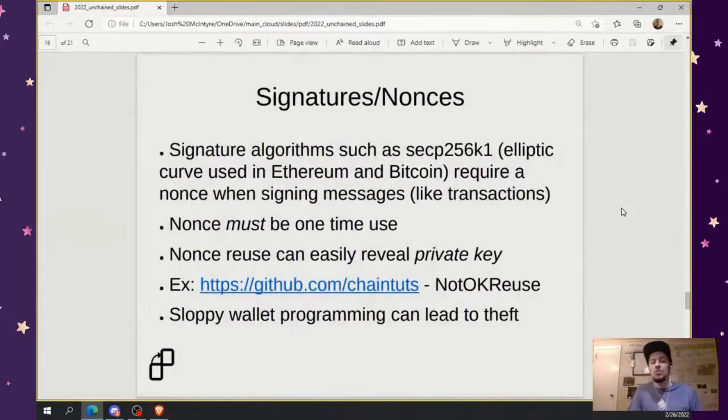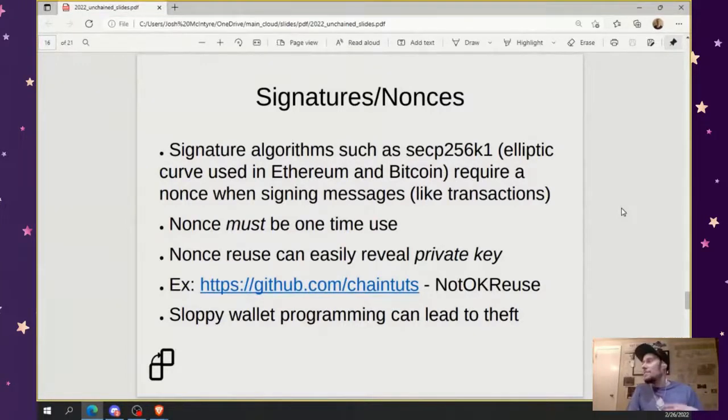Another important use of entropy in cryptocurrencies is through signatures. Every transaction has to be signed by the person that controls the wallet. So if I want to send an Ethereum donation to the RazorSec team, I would have to sign a transaction to do that donation.